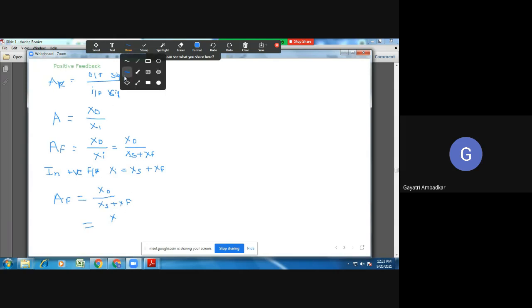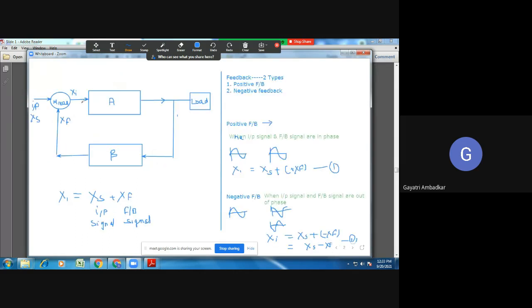Sorry, one mistake. XI is the signal going to the amplifier.